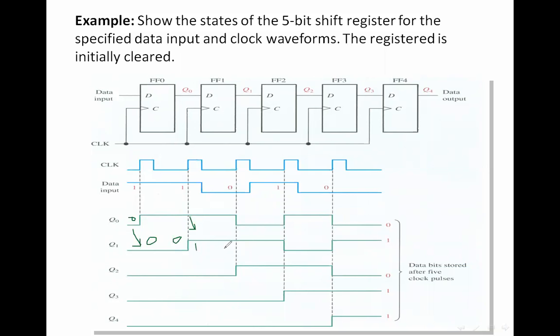1, 1. So this 1 and 1 is here. The next 1 and 1 will be here. I hope you're able to follow what I'm trying to say, isn't it?